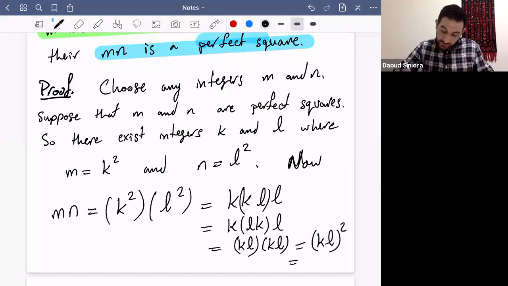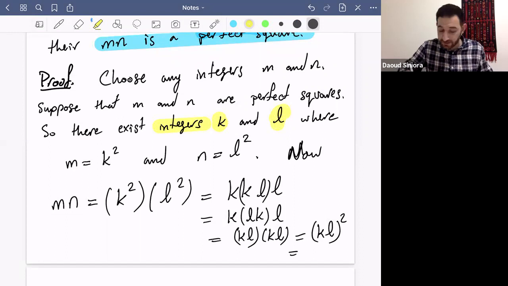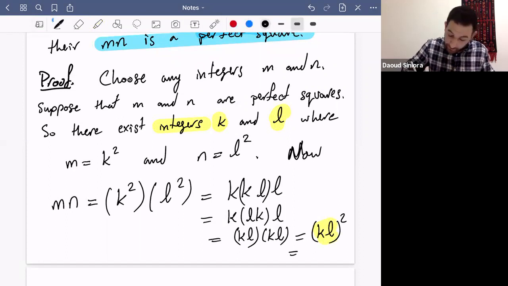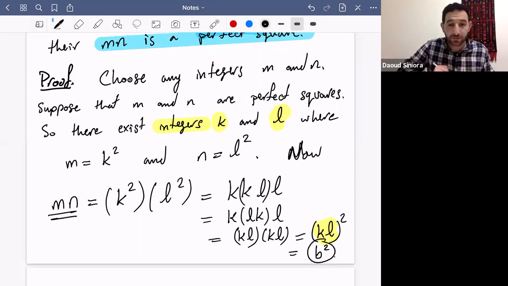Now, look at k is an integer, right? Look from here, we have integers k and l. Both k and l are integers, so their product kl is an integer. Let's call it b. So kl is b, and this means that m times n is equal to b squared.